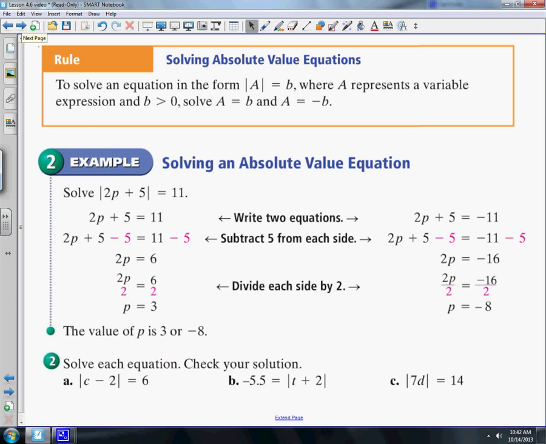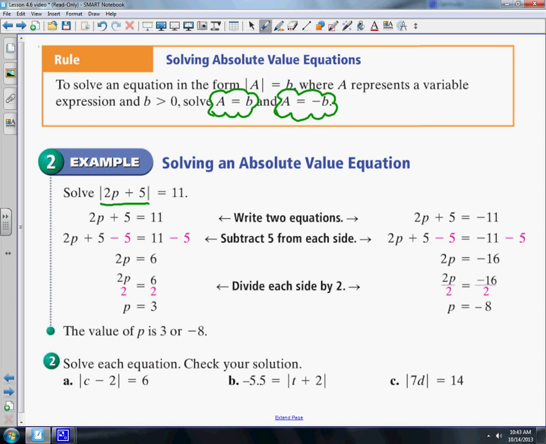All right, next we have solving an absolute value equation. So what you end up having to do is solve 2 equations for each one. Now, if you notice here, this has the absolute value of 2p plus 5.